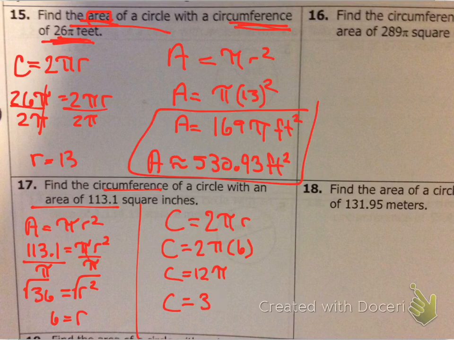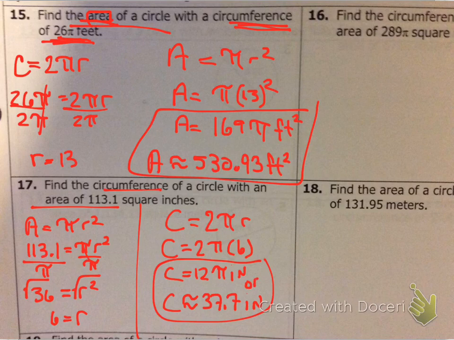I keep forgetting my squiggly equals. 37.7 square inches. Oh, no, wait, that's circumference, so just inches. So I could have either one of these two as your answer. I would take either one. Okay, and that's really about it. So guys, that's all you really need to be able to do. Nothing too difficult.